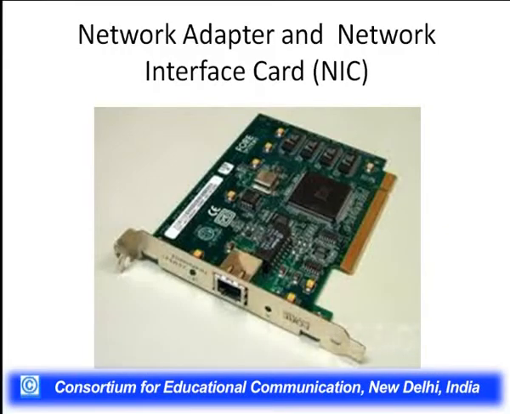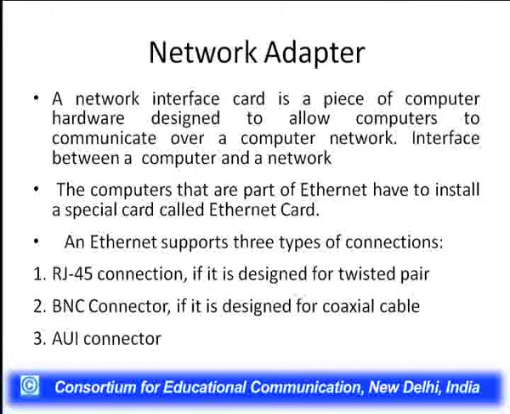Now the next important component of connecting a computer to a network is the network interface card or the network interface adapter. This is the diagram which shows a network interface card, that is how a computer is going to connect to the network, what interface it is going to use. So basically a network interface card is a piece of computer hardware which is designed to allow computers to communicate over a computer network.